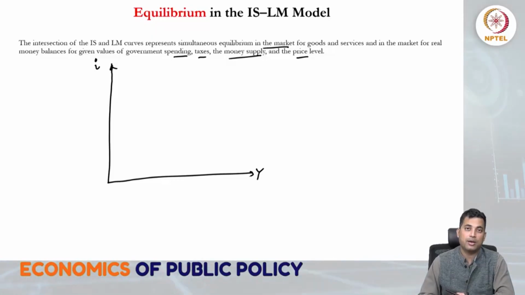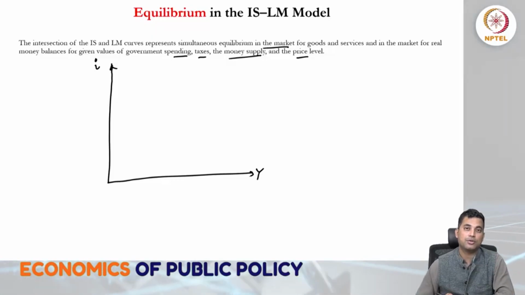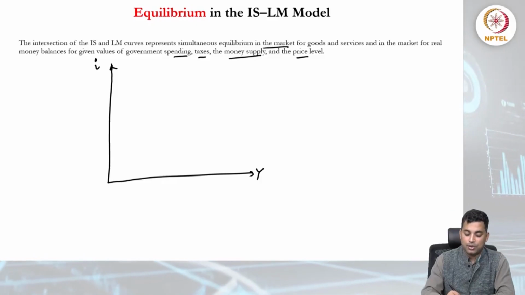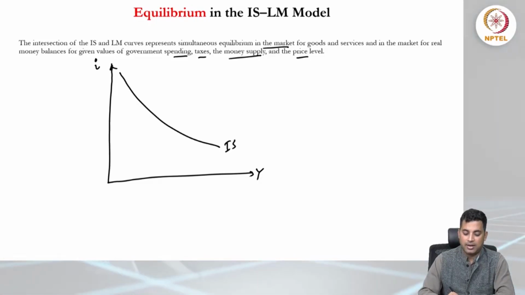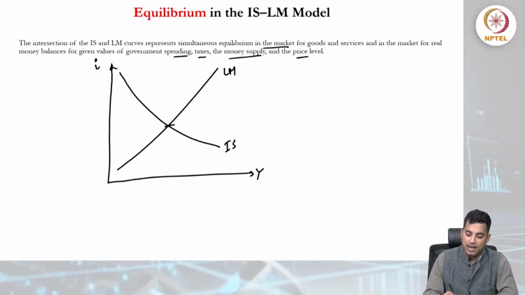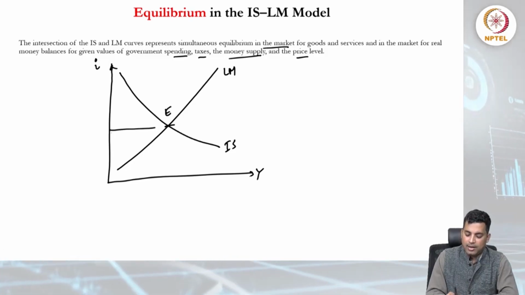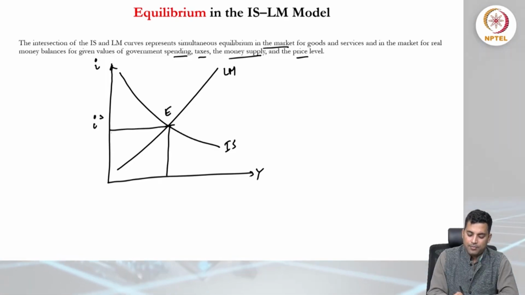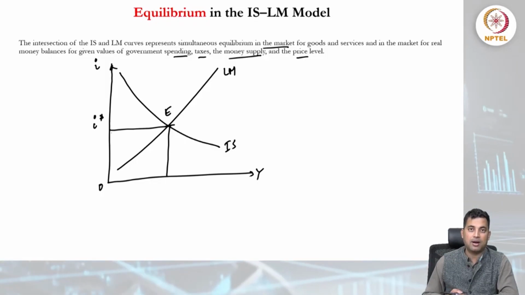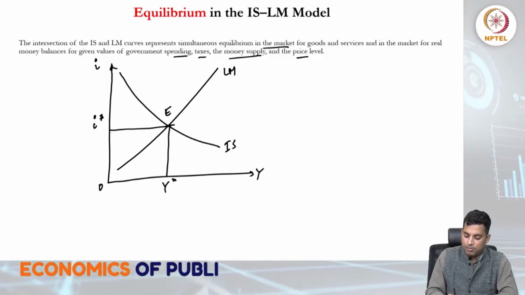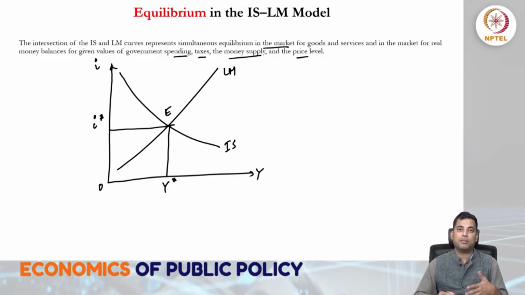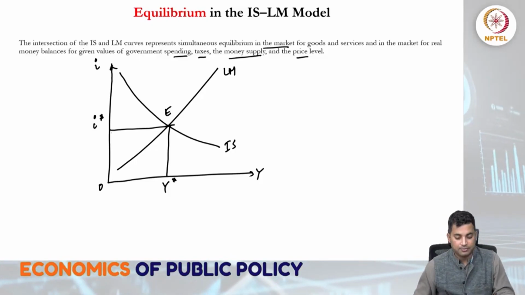The LM curve also shows the functional relationship between the rate of interest and output. The IS curve is downward sloping and the LM curve is upward sloping, as we already drew, and they intersect at point E. At E, OR star is the equilibrium rate of interest charged in the market for producing OY star amount of total output. So these are the equilibrium conditions in the IS-LM market.